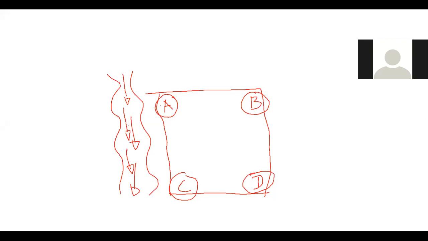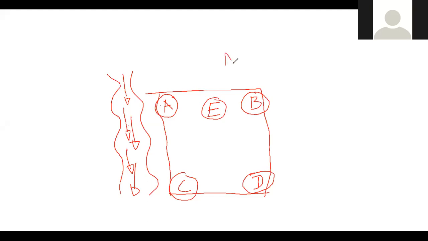A and C have more moisture compared to B and D. Now another one, E. I want to compare A, B, and E. Tell me which has the highest moisture, which the second highest, and which the third.